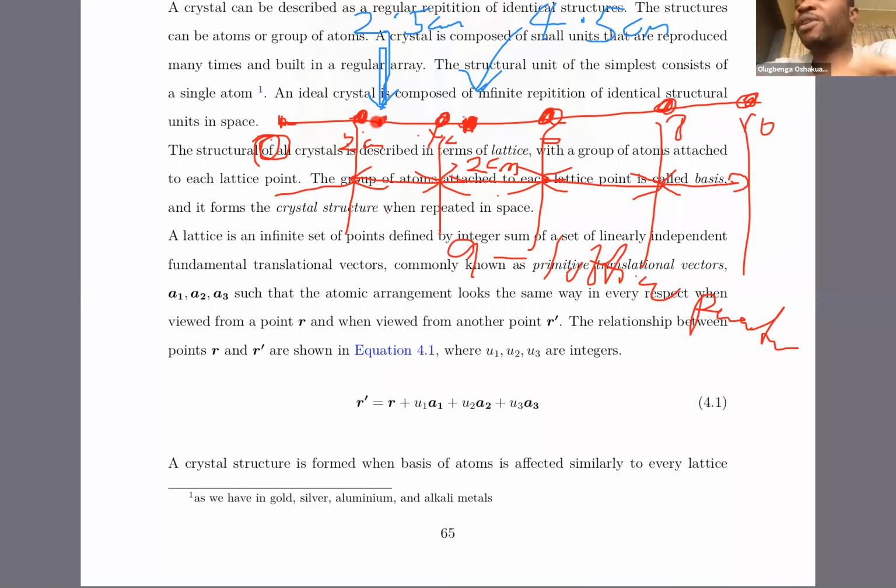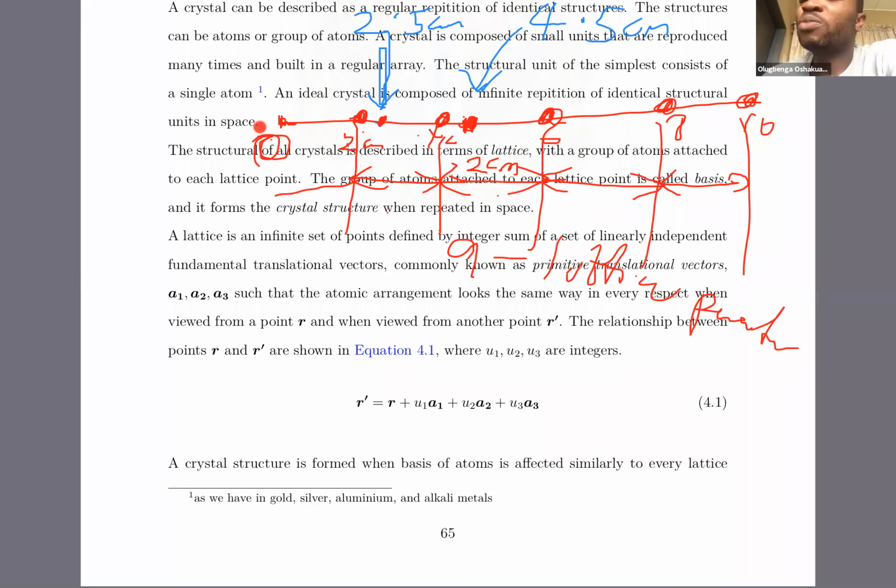This illustration is trying to talk about 1D. When we are talking about 1D, it's like a single line. When we are talking about 2D, it's like working with your graph sheets, where you have an x-axis and a y-axis. When we are talking about 3D, we have x-axis, y-axis, and z-axis.